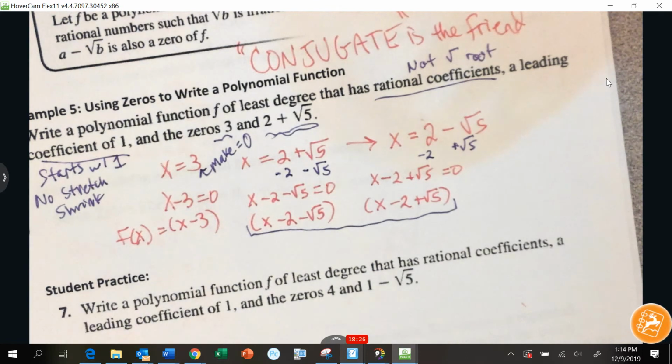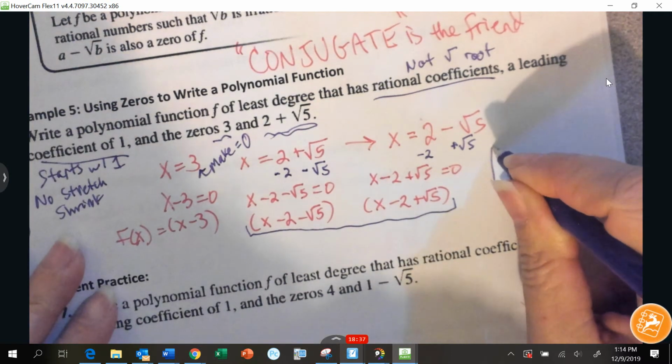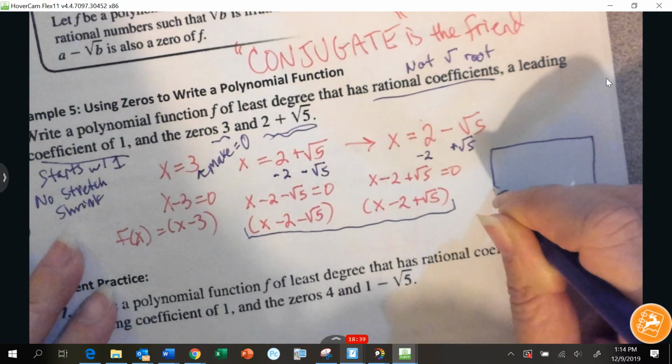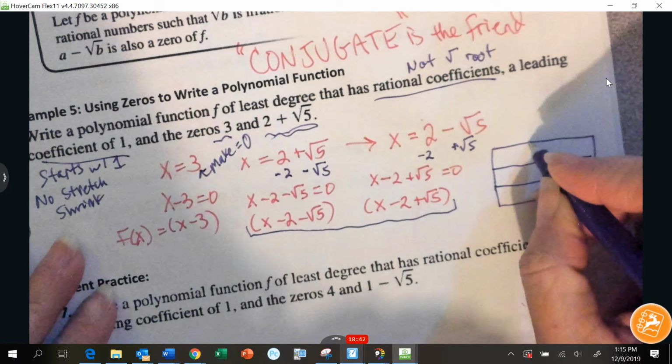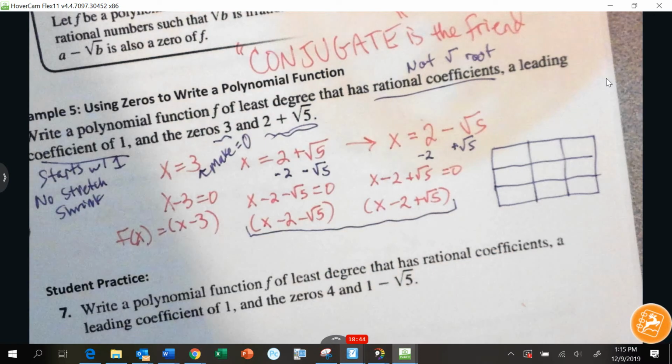So how can we multiply? We could do FOIL, or we could do the box method. Your choice. Okay, let's multiply, and some amazing stuff's going to happen. Two terms by 3 terms.